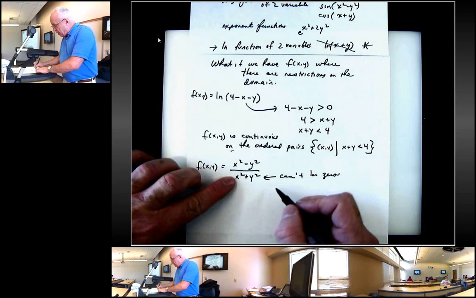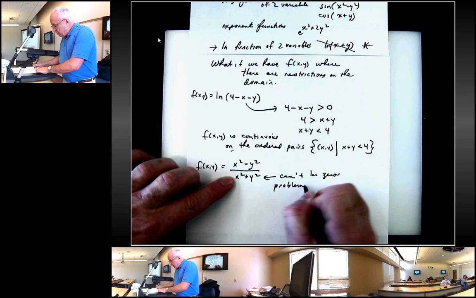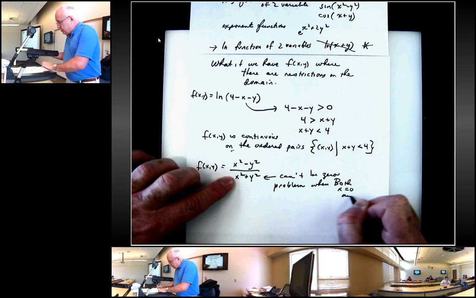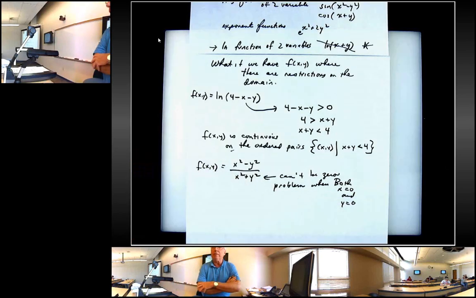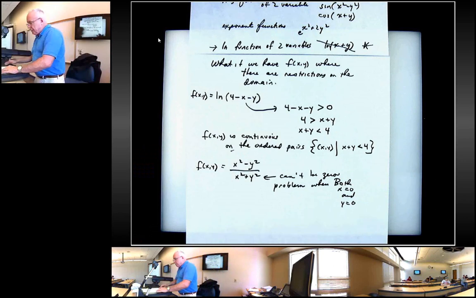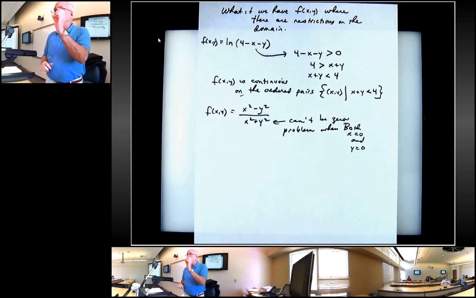We have a problem when both x equals 0 and y equals 0. That will give us the denominator equaling 0. So basically, this function is continuous everywhere except at the origin, 0, 0.